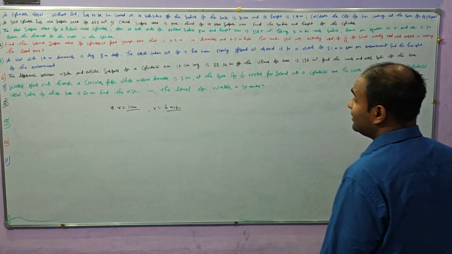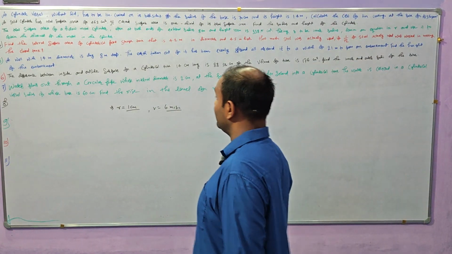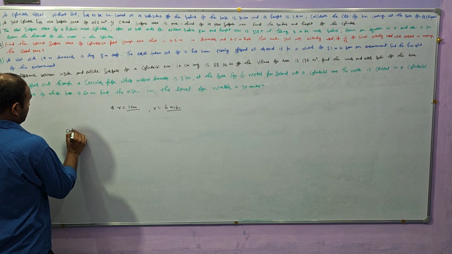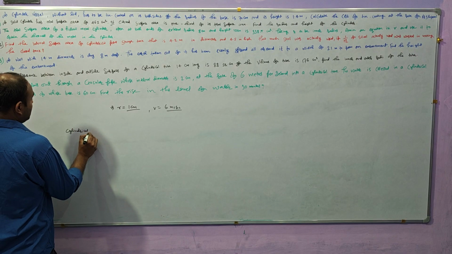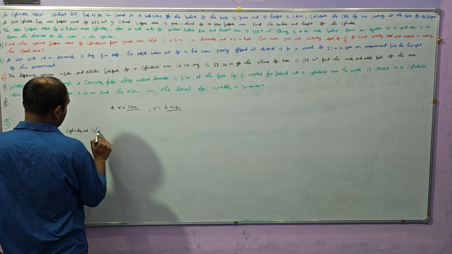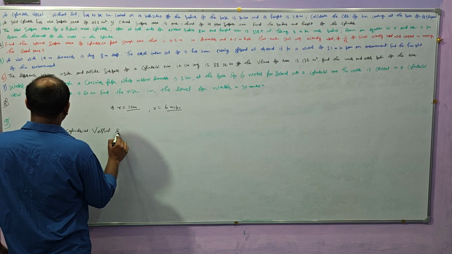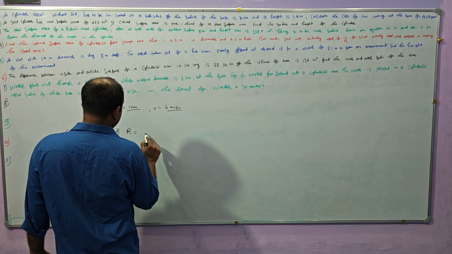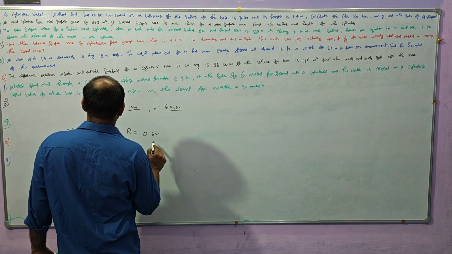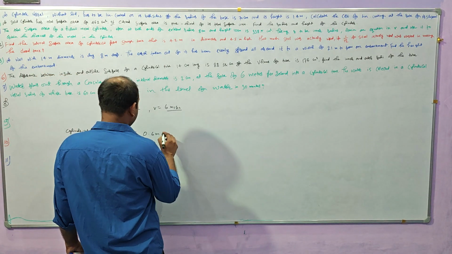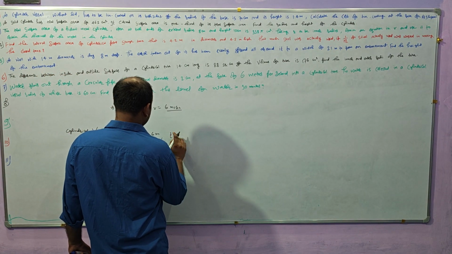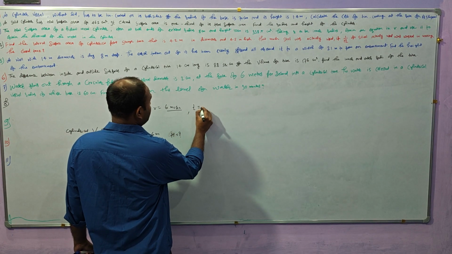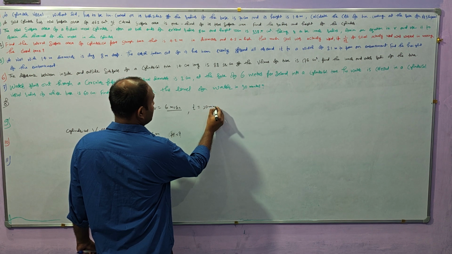The water is collected in a cylindrical vessel, radius is r is equal to 60 centimeter, that means 0.6 meter. Find the rise in the level, that is h is equal to what, and we have t is equal to 30 minutes.